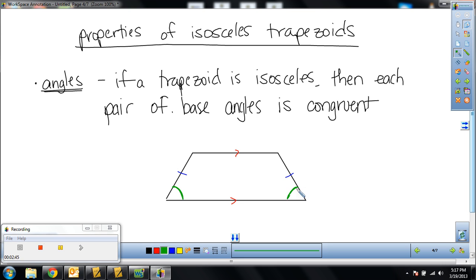So right here, these two bottom angles touching the bottom base would be congruent in an isosceles trapezoid. And the top angles, both of the angles touching the top base, are also congruent. So that's a special property that only happens in isosceles trapezoids.